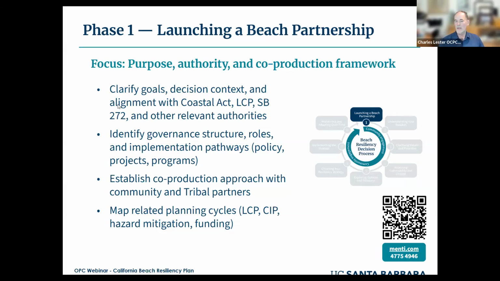And then you're thinking about this idea of co-production, particularly with your tribal partners, and tribal engagement would be a really critical component of identifying your strategy for community engagement broadly. And then finally, mapping your related planning that's ongoing, which there's a lot of, and there are a lot of interconnections. So again, thinking about how this question of beach resilience might relate to those other projects or processes is really important.